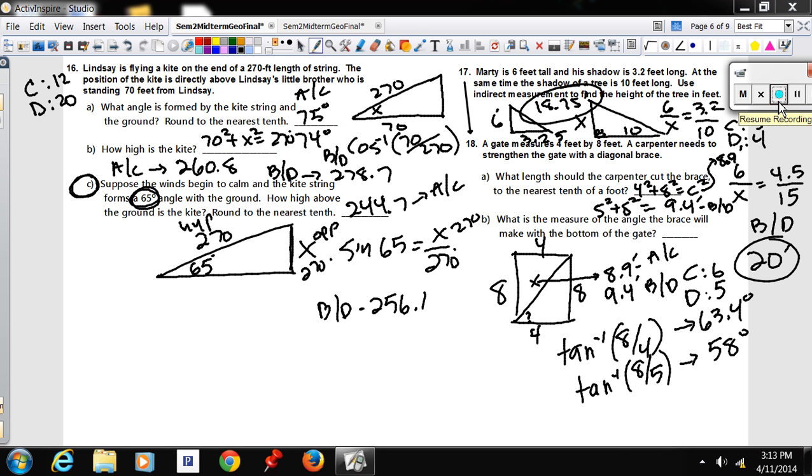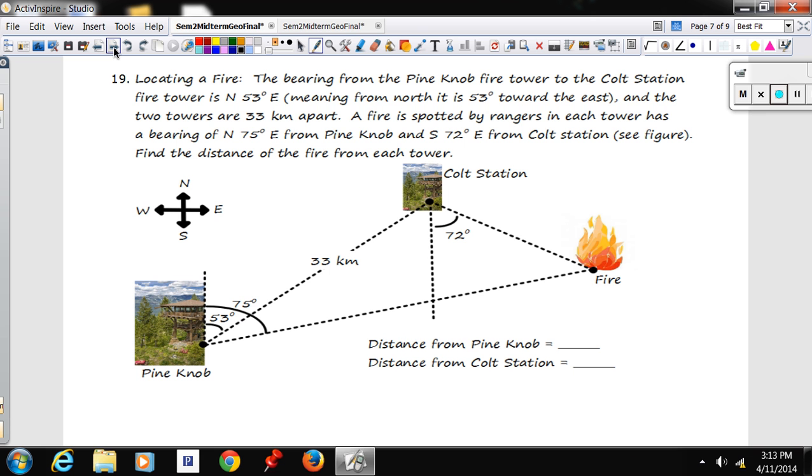All right, moving to number 19. 19 is number 20 on test B, number 20 on test C, and it's number 13 on test D. It's the fire problem. Numbers were switched from our study guide.